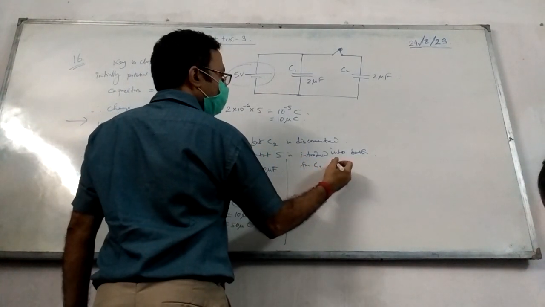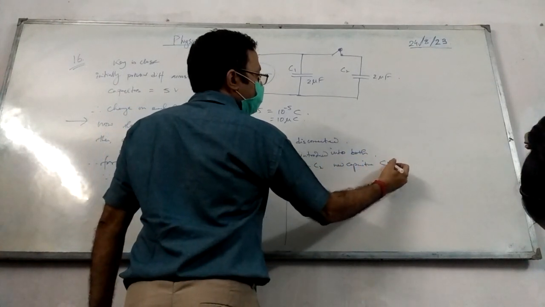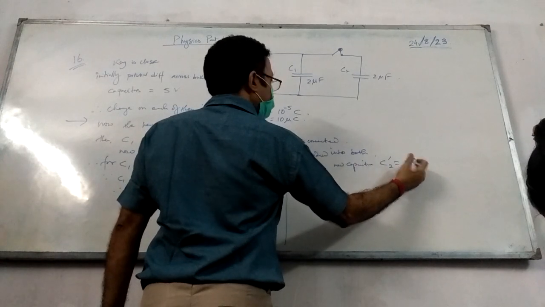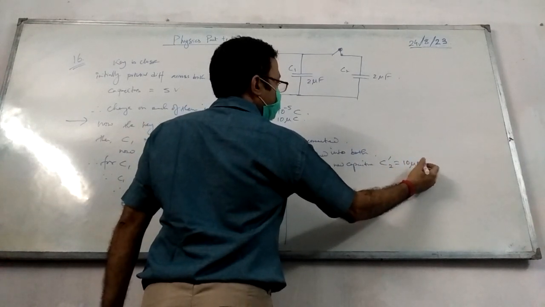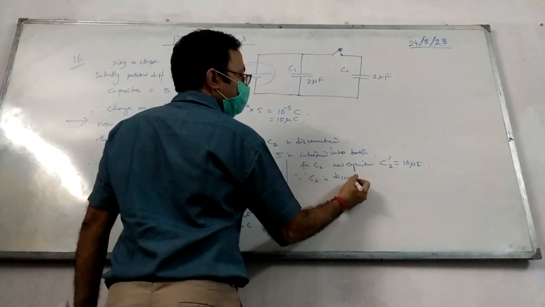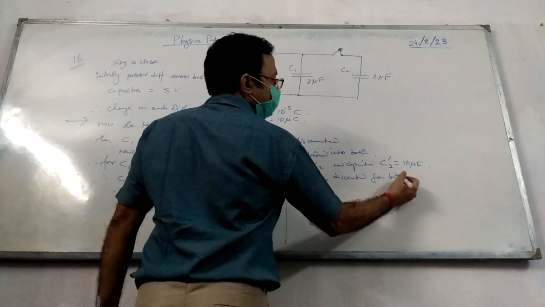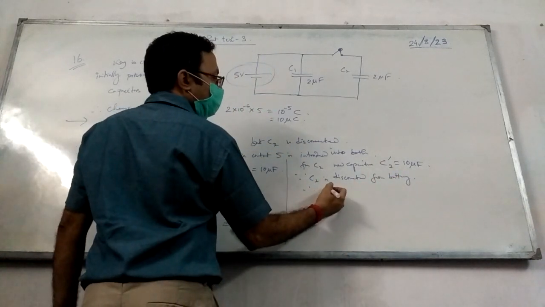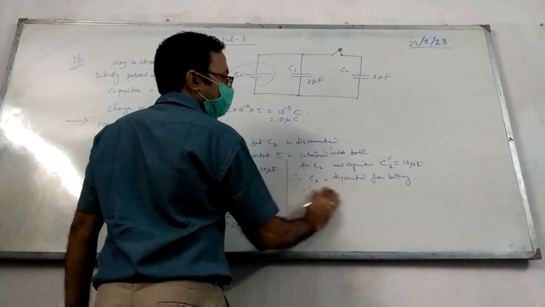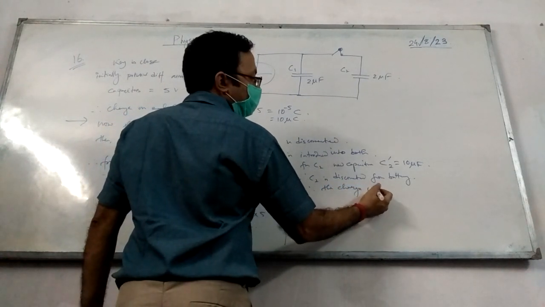For C2, the new capacitance is C2 dash, equal to also 10 microfarad. Since C2 is disconnected from the battery, the charge remains the same.